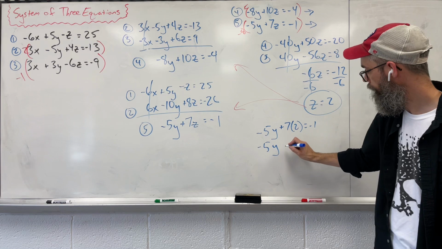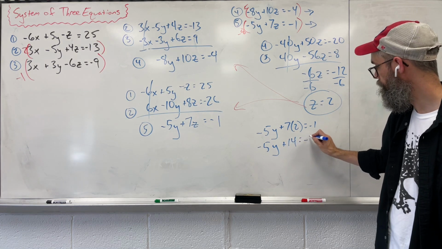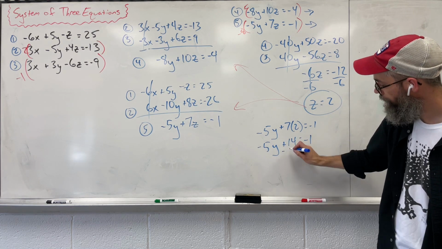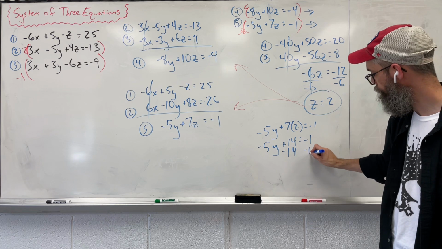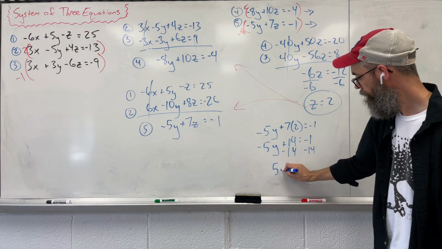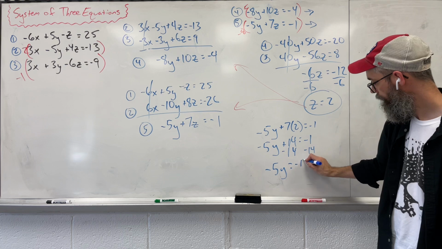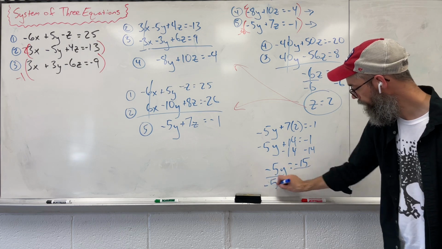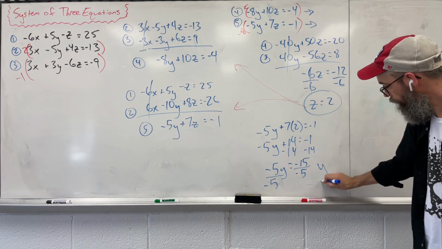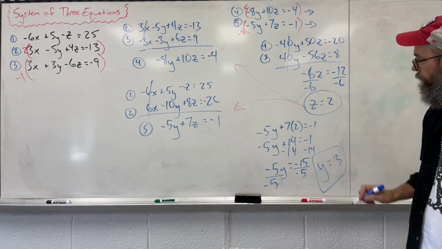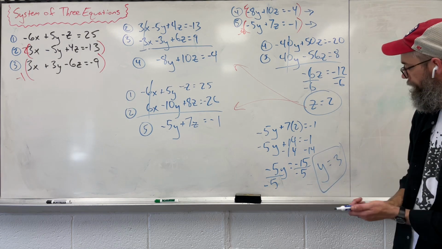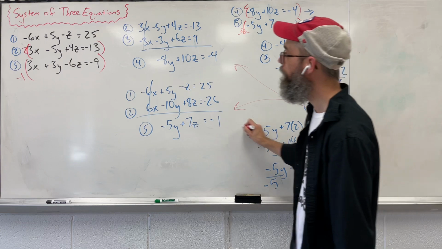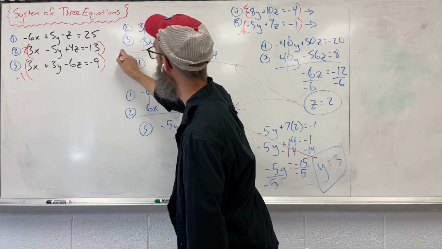Negative 5y plus 14. Inverse operations, starting with adding and subtracting, minus 14. Negative 5y equals negative 15. Divide. y equals 3. Hooray.